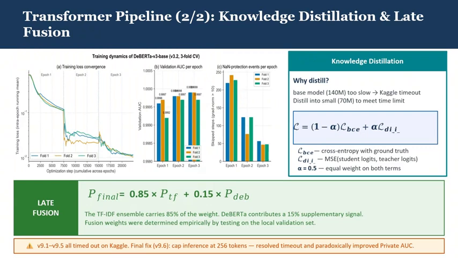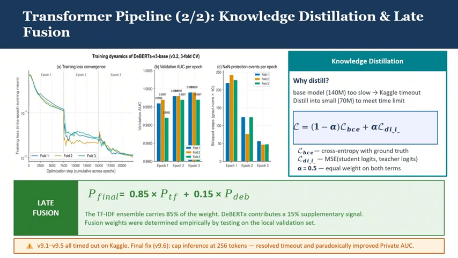The training curves show loss converging steadily, validation AUC reaching 0.9999 after 2 epochs, and NaN events dropping from 200 in epoch 1 to near 0 by epoch 3. Because the base model timed out on Kaggle, we distilled it into DeBERTa v3 small. The distillation loss combines cross-entropy on labels and MSE on logits, weighted equally.